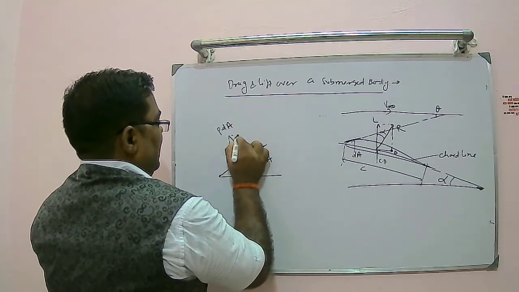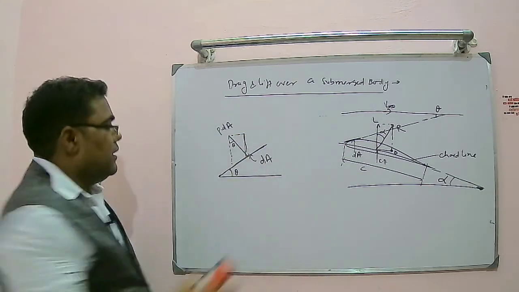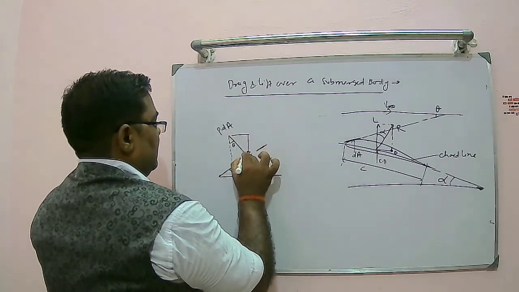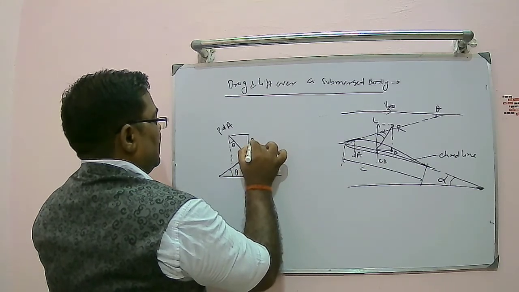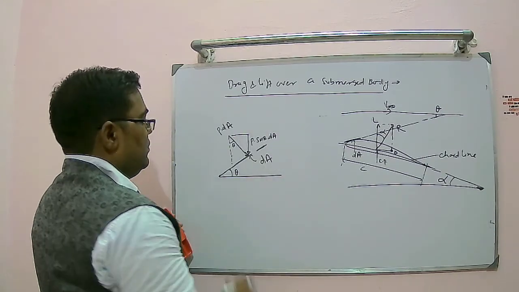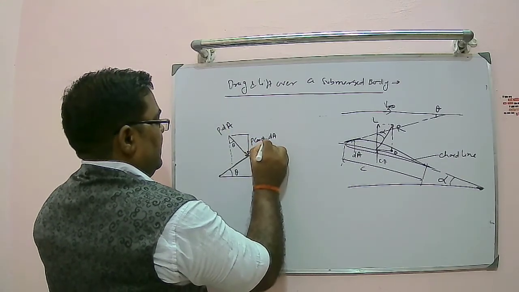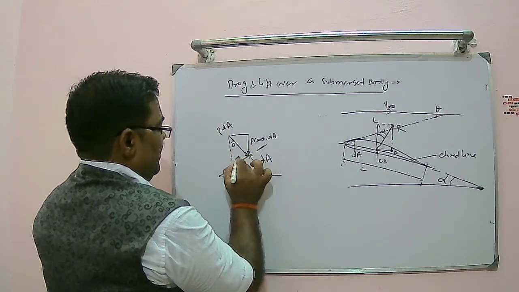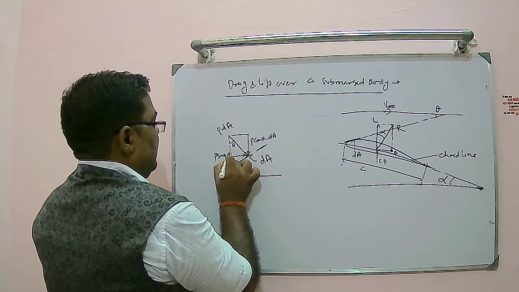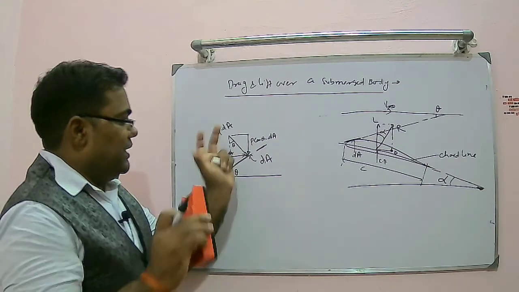So this force which is acting here, the pressure force, is P cos theta into dA. And the pressure force acting in the horizontal direction from here is P sin theta dA. So this is P sin theta dA, this is P cos theta dA, this is P dA. So the pressure force I have mentioned.